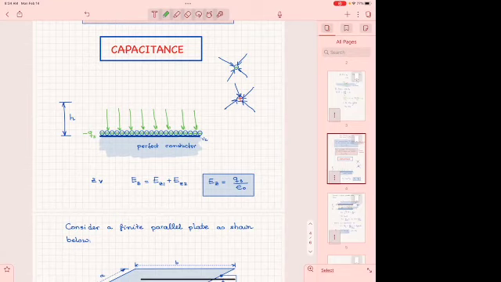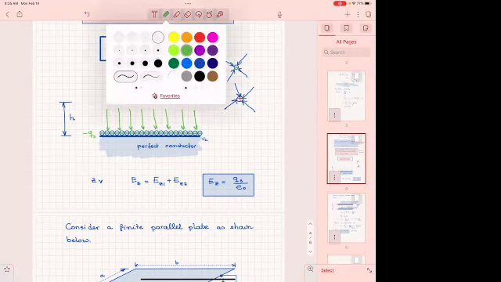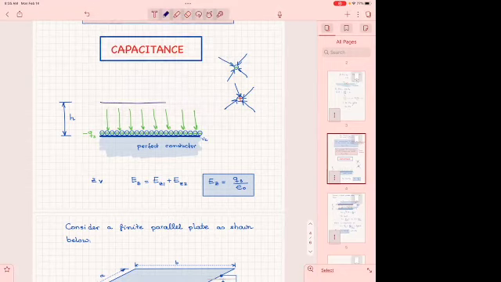Now, what happens if I keep this lower perfect conductor with the negative charges, and then I bring on top of this another conductor with the same positive charges? What would happen to the field? I would have the parallel surface of the perfect conductor here. And I would have these positive charges there.